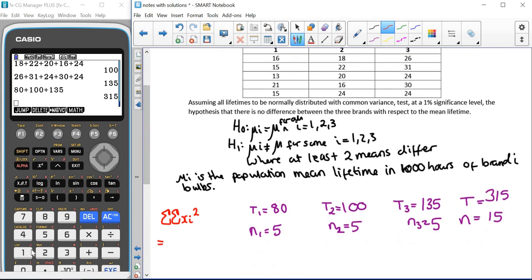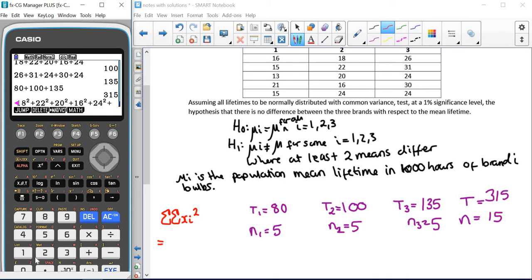So we're going to have 16 squared plus 15 squared plus 13 squared plus 21 squared plus 15 squared, so that's for the first column, plus 18 squared plus 22 squared plus 20 squared plus 16 squared plus 24 squared.